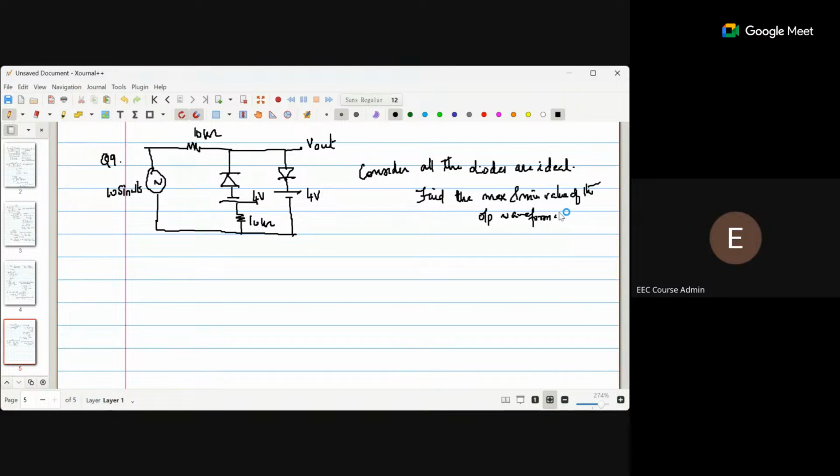Considering the diodes to be ideal, you need to calculate the minimum and maximum value of the output waveform.